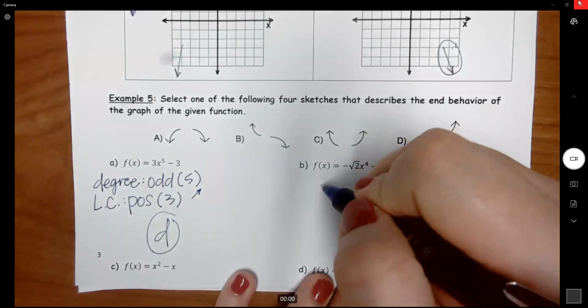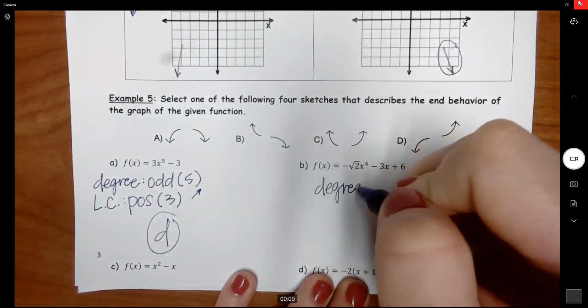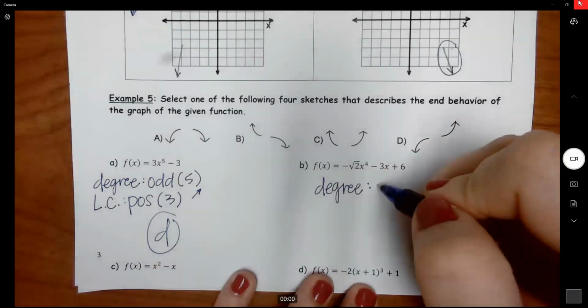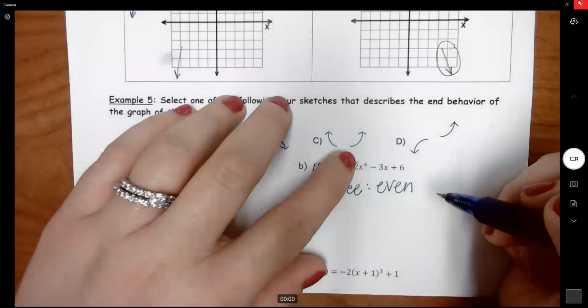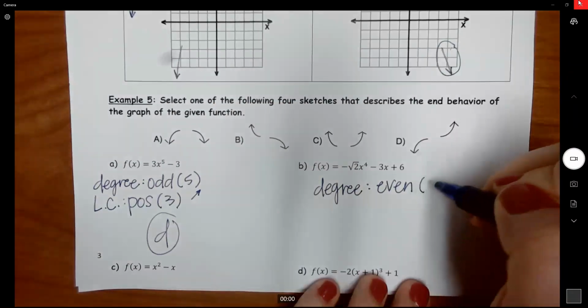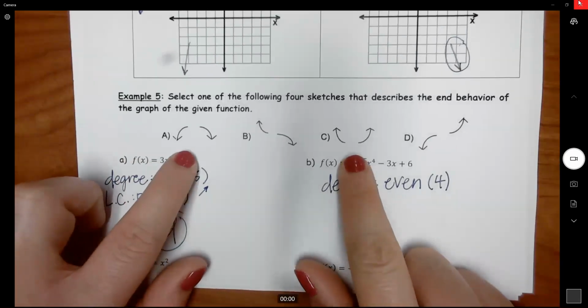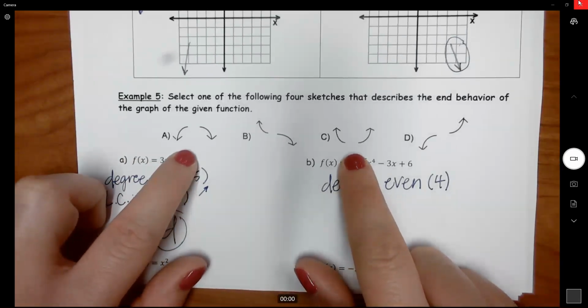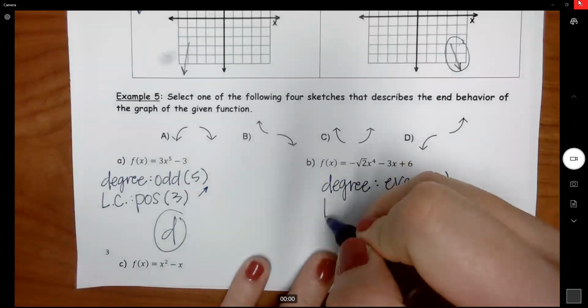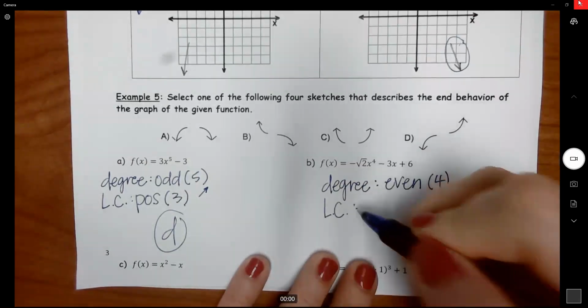B, my degree is even. It's this 4 right here. So because it's even, I know it's one of these two. It's going to start and end going in the same direction. So then I'm going to look at my leading coefficient.